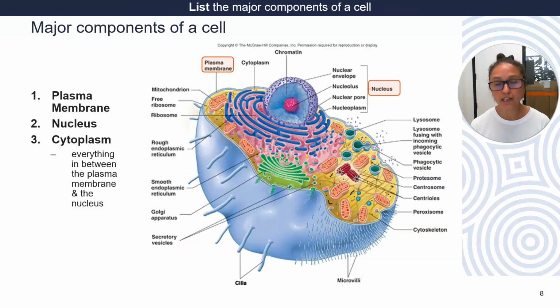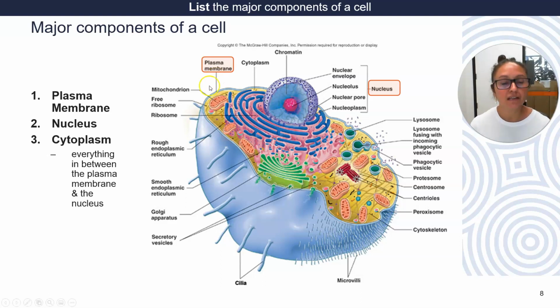Okay, so let's have a look and see what a generalized cell looks like. Okay, a generalized one. As you can see, there's lots and lots of stuff going on here. It's all good. Let's start from the beginning. A cell has a plasma membrane. Now we did have a look at this before. Remember, the plasma membrane is made up of phospholipids and cholesterol. Do you remember that?